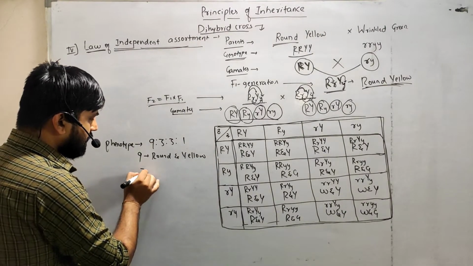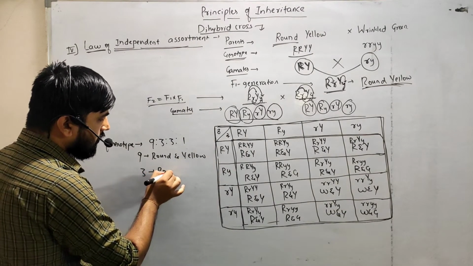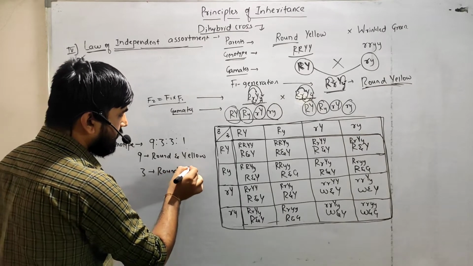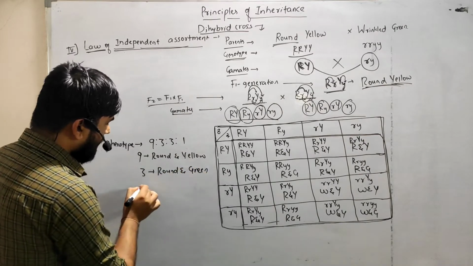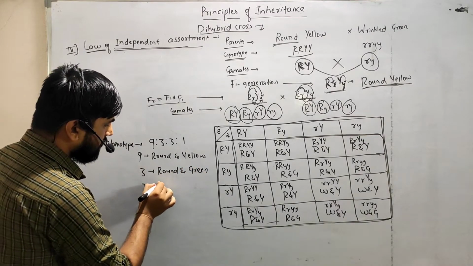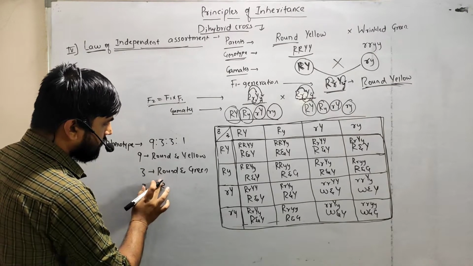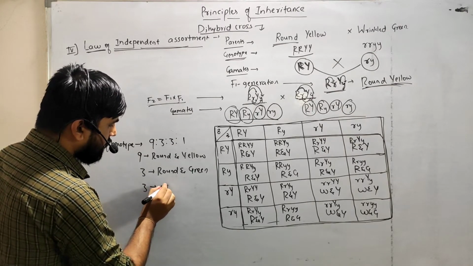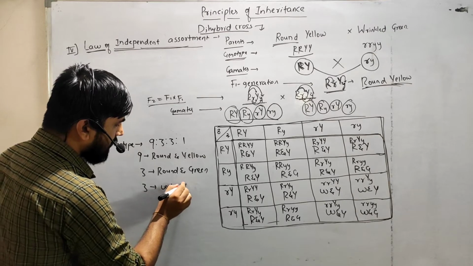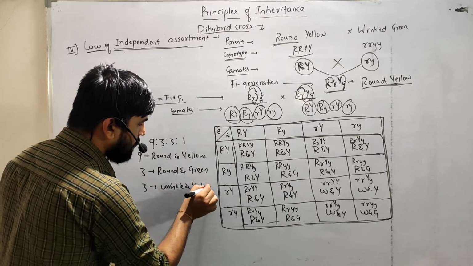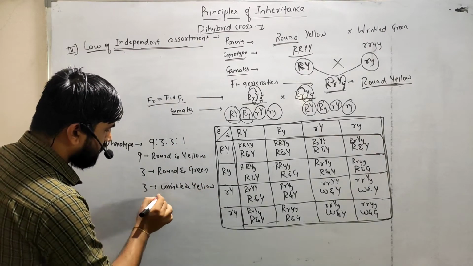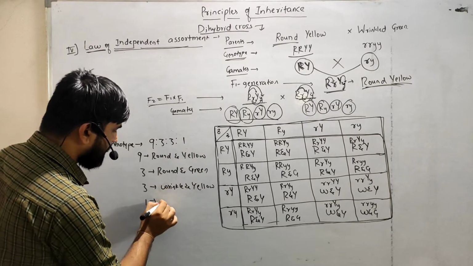And 3 of round and green, and 3 of wrinkle and yellow, and 1 of wrinkle and green.